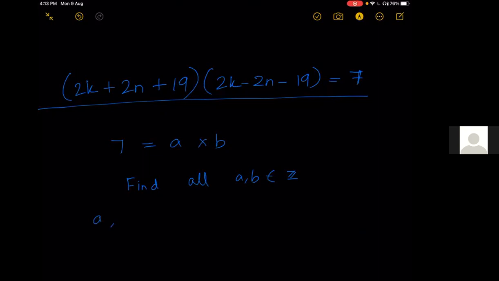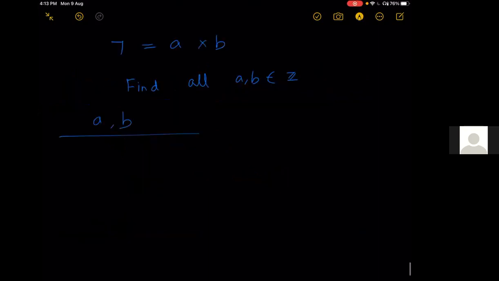1 comma 7, 7 comma 1, minus 7 comma minus 1, minus 1 comma minus 7, and we'll check each case separately. Okay, so these are all the possible cases.